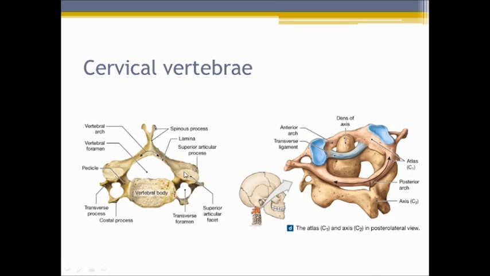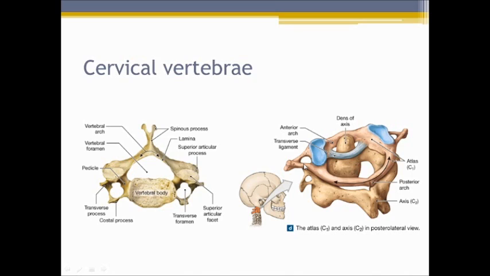So it's just called a bifid spinous process. The transverse foramen is where blood vessels and nerves pass. Again, the vertebral foramen is where the spinal cord will pass through. And it has all of the other parts of a normal vertebrae.